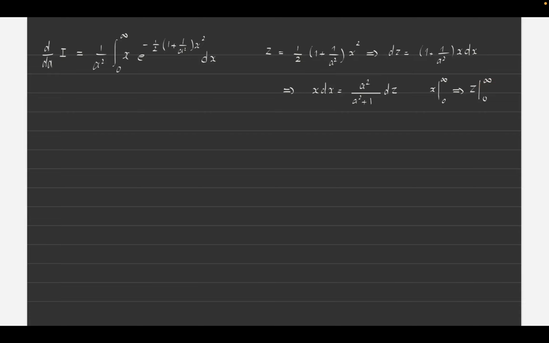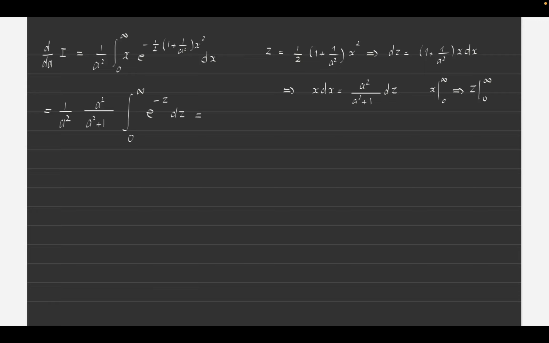And if I go back here, so I have 1 over a squared here, and then you see that instead of x dx, I can put this expression, but this is a constant. I pull it out, so it becomes a squared over a squared plus 1. And then integral, it goes from 0 to infinity again, and then I will have e to power minus z dz.